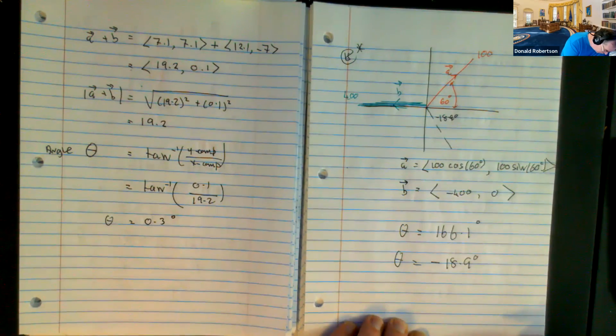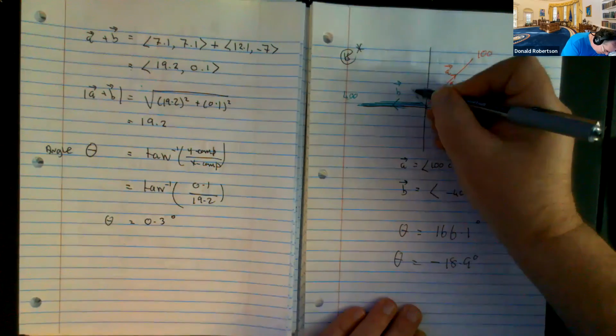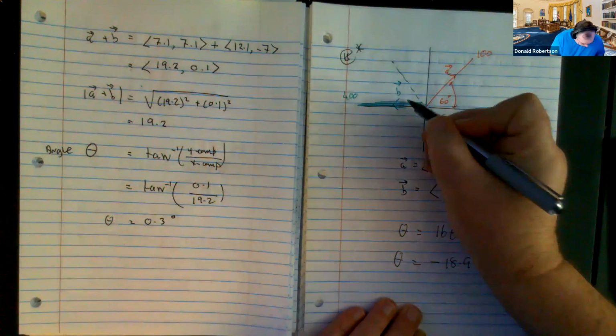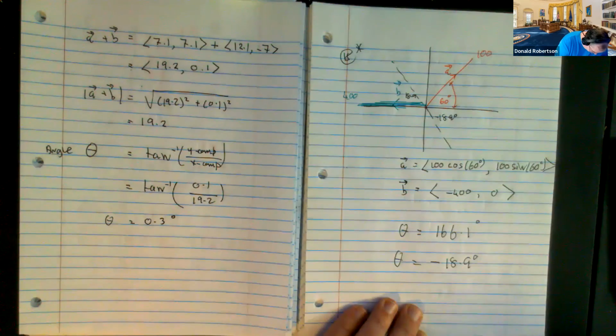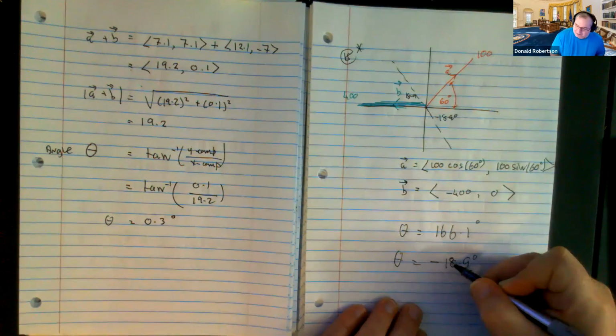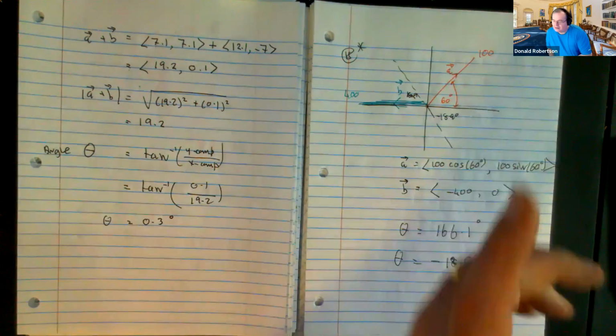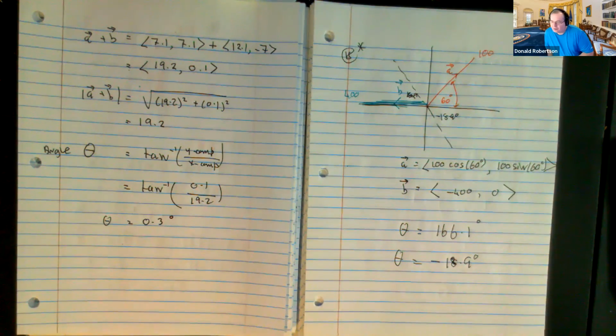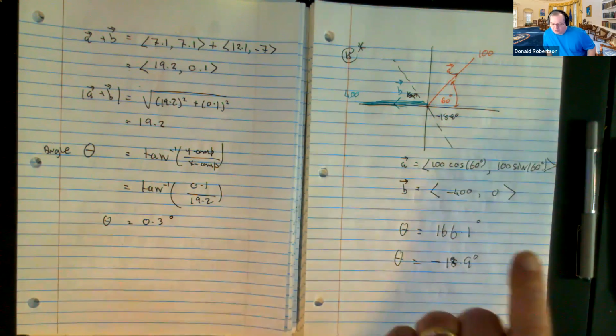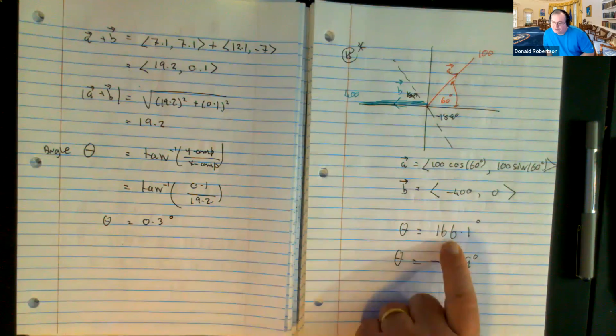So you imagine the dotted line going this way, and that is 18.9. There, wouldn't you take 18.9 away from 180 and you would get it, right? So when you're doing an inverse tan, either the angle they give you is the one you want, or they'll give you some ugly negative one, which you have to figure out what it is.